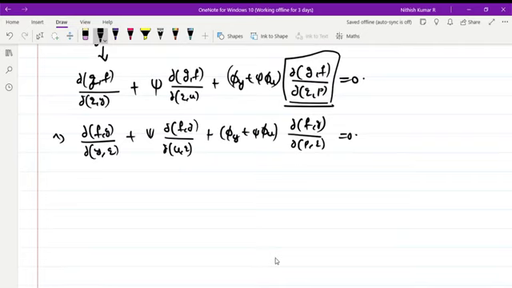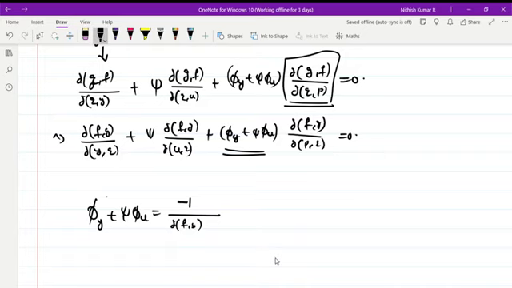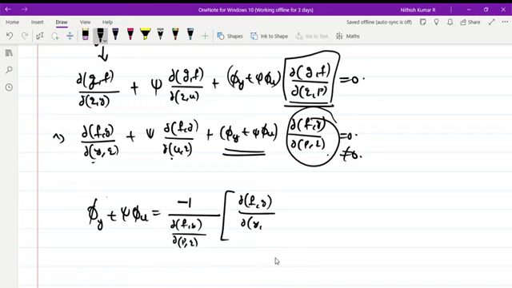Now just rearranging, this can be written as the Jacobian of (f, g), multiplied by minus 1, so I am changing the denominator also: (f, g) by (y, q), plus xi into the Jacobian of (f, g) divided by (u, q), so the minus gets cancelled, again plus phi_y plus xi phi_u into the Jacobian of (f, g) divided by (p, q) equal to 0.